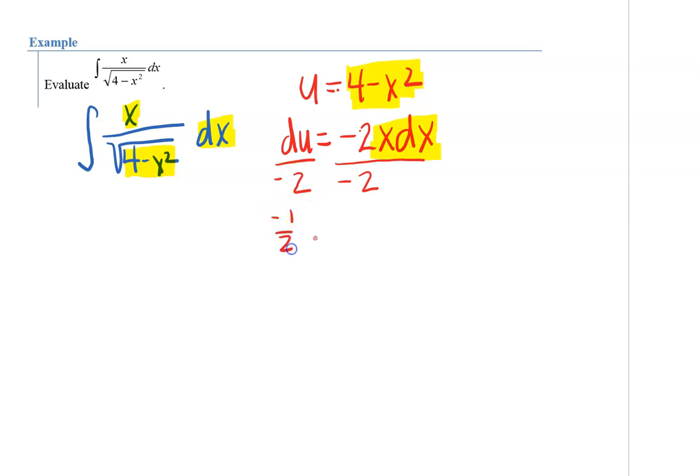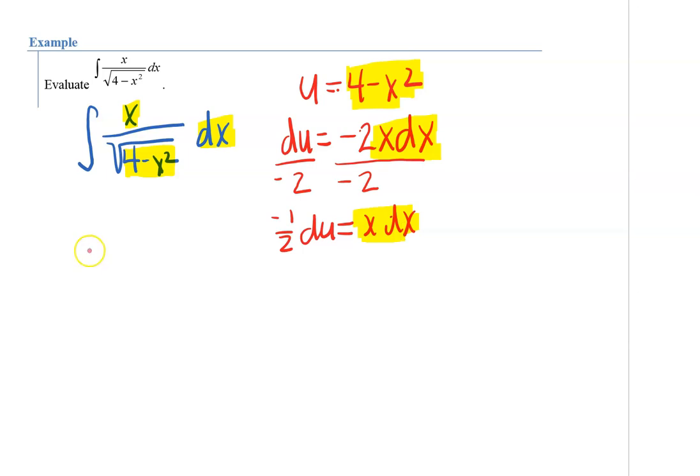So I have negative 1/2 du equal to x dx, and that will be the substitution for just x dx. That's why I encourage you to cover up the problem, or why I scrolled over to the right. Because if you're looking at your blue writing as you're doing the red, you may not see the manipulations you need to make it match up, and miss that in the process.